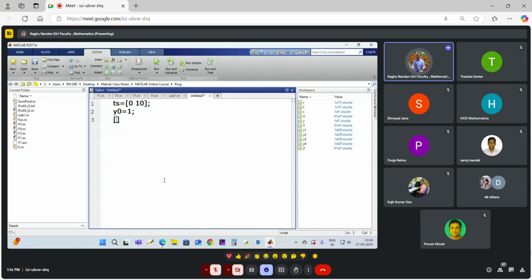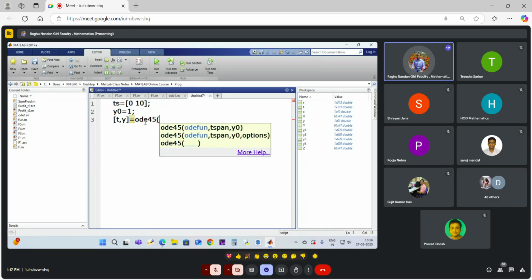I call the function t comma y equal to ODE45. The first argument is the ODE function, that is ODE1. Then the time span TS, then the initial values y0.